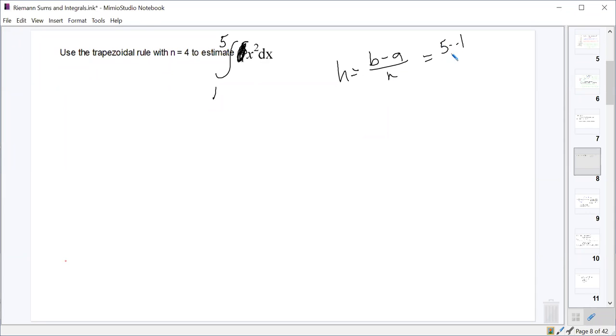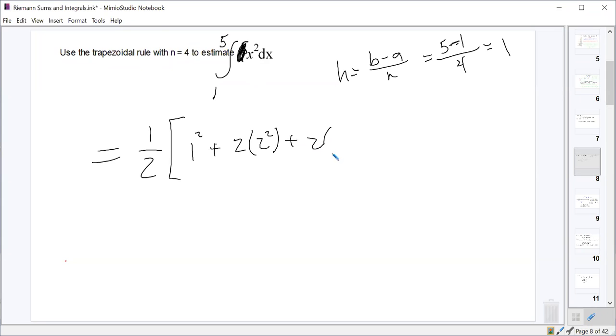So H, which is B minus A over N, ought to be 5 minus 1 over 4, or just 1. So this should be H over 2 times the first Y value, which is 1 squared, plus the second Y value times 2 squared, so 2 times 2 squared, plus 2 times the next Y value, 3 squared, plus 2 times the next Y value, 4 squared, plus the last Y value, 5 squared.